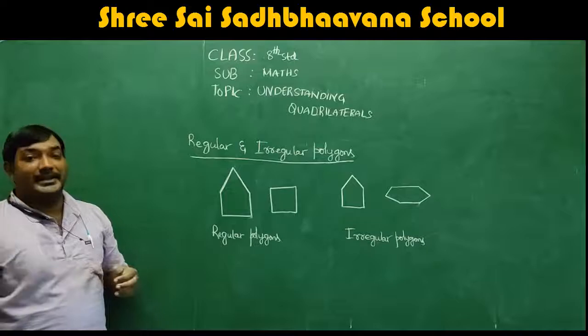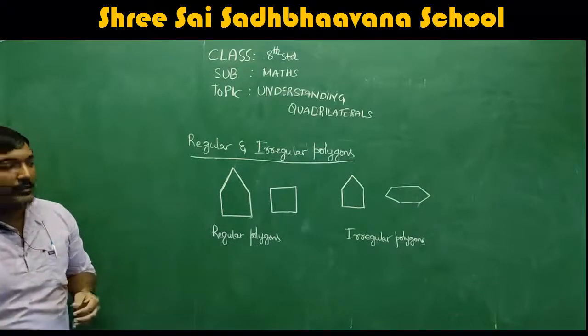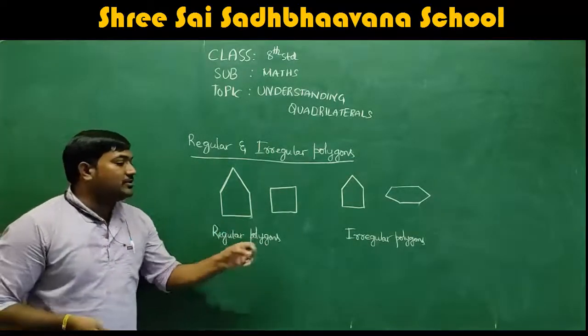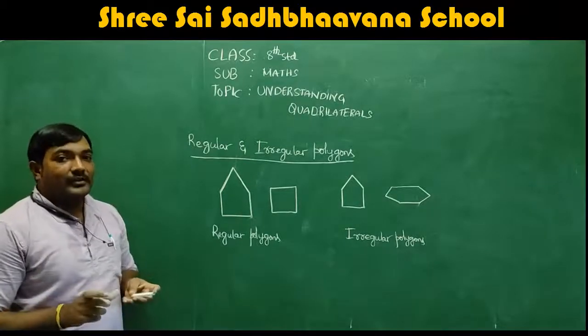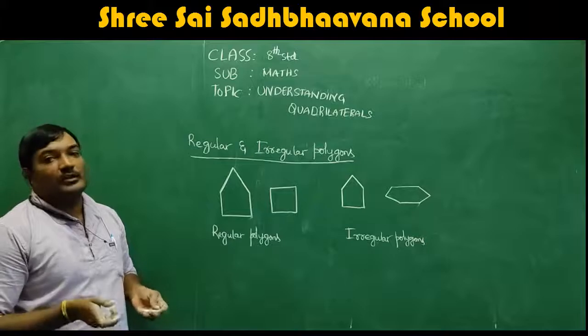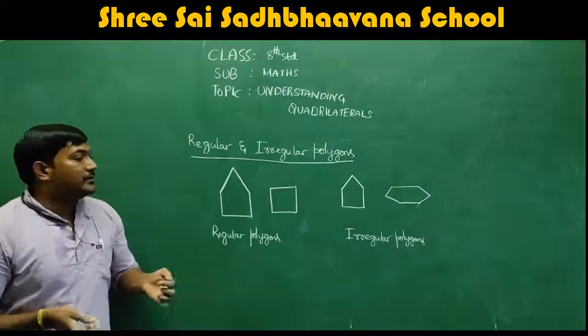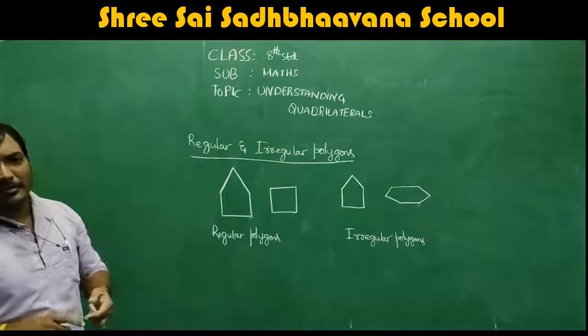Poly in the sense of many, remember. So polygon: gon in the sense of sides. A figure which has many sides is called a polygon. So these are polygons.